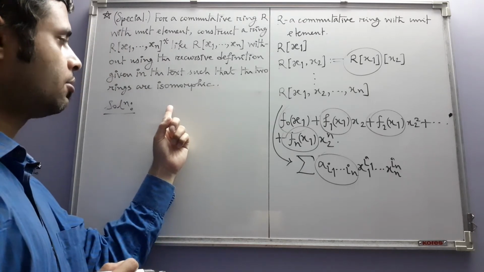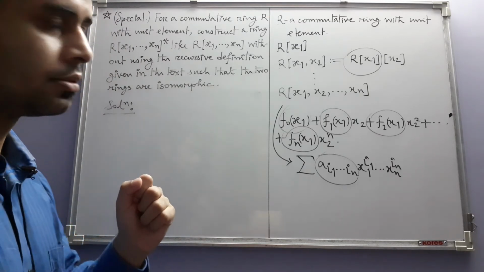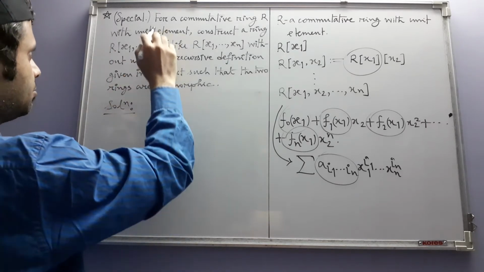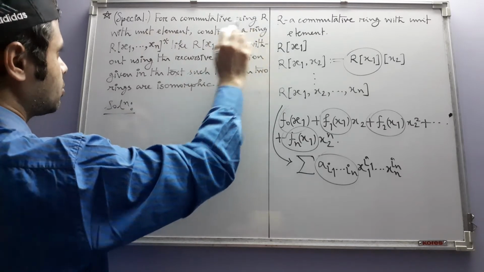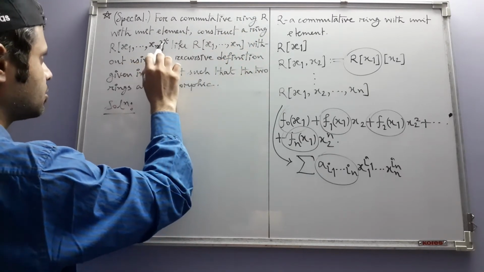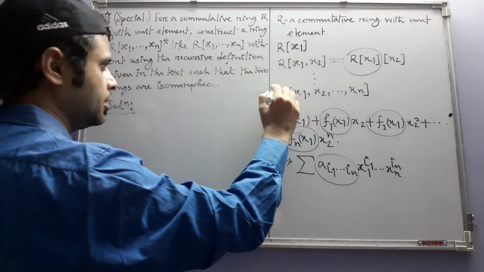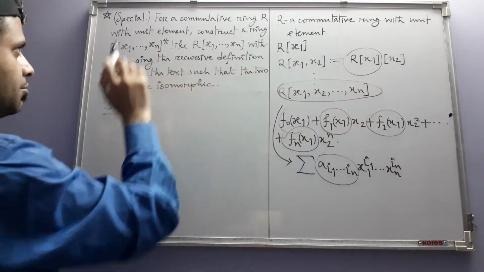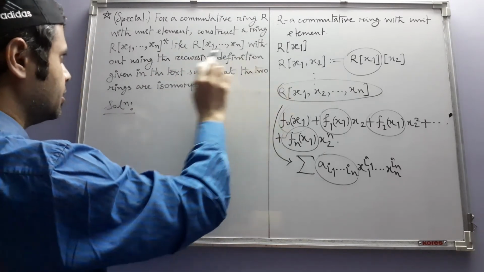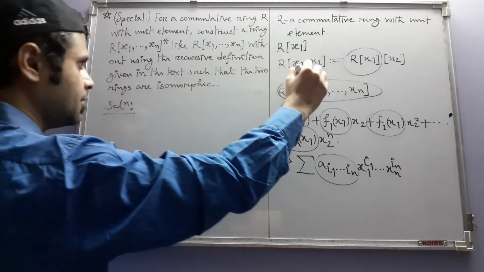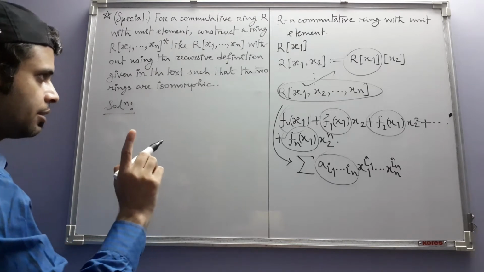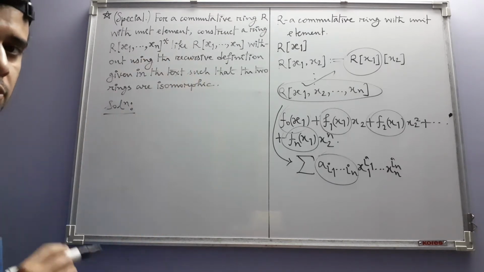Okay, so to see all the things rigorously, we are now going to look at this special exercise. Let us first see what the exercise says. For a commutative ring R with unit element, construct a ring to distinguish it from the ring we already have. I am using star. Just like this polynomial ring, but without using the recursive definition given in the text, such that these two rings are isomorphic.